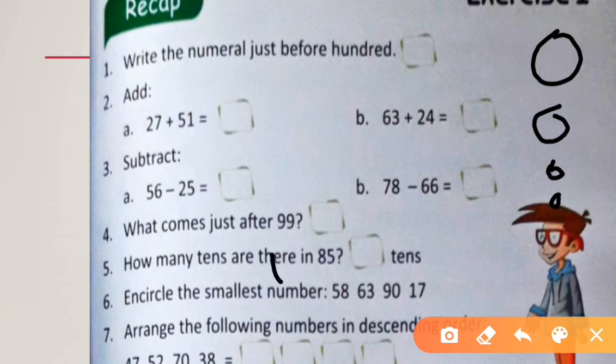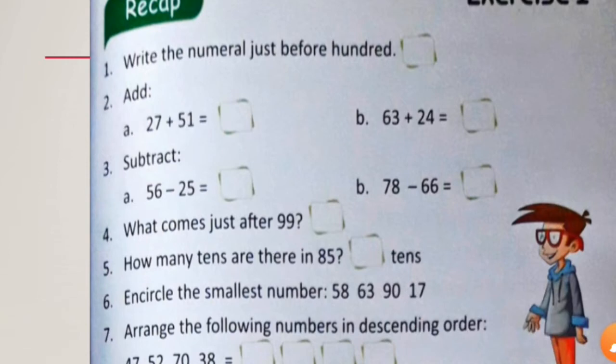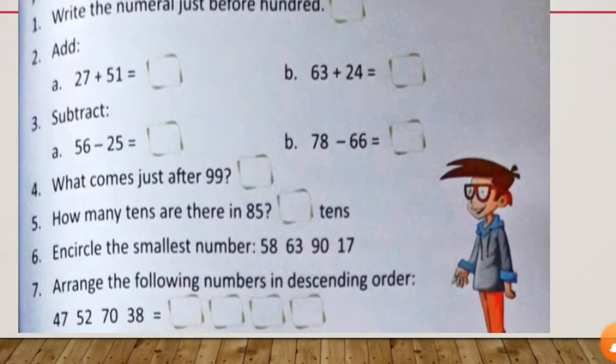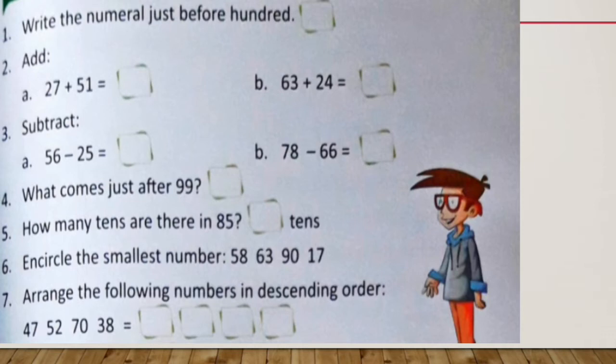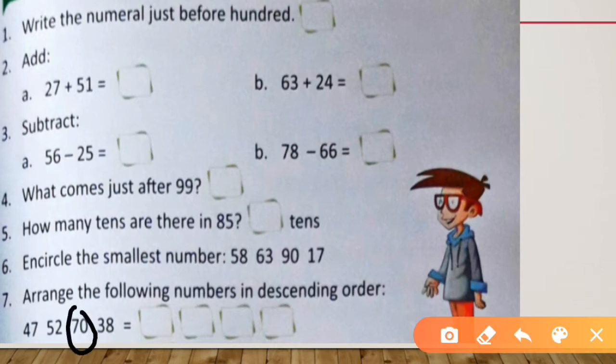So, what are the numbers here? 47, 52, 70 and 38. So, which number is biggest among them? 70. So, you have to write 70 first.